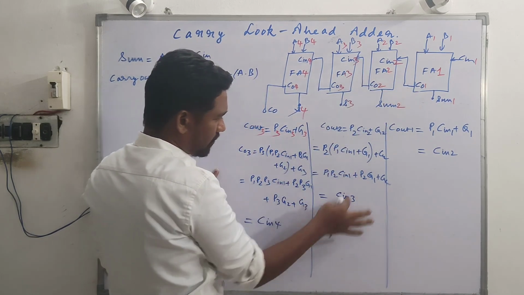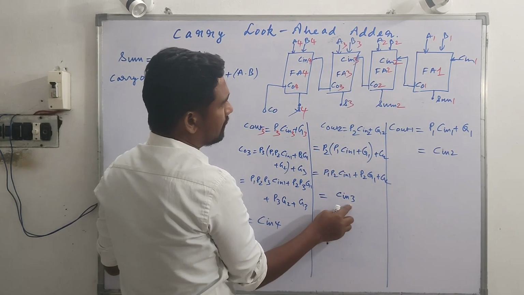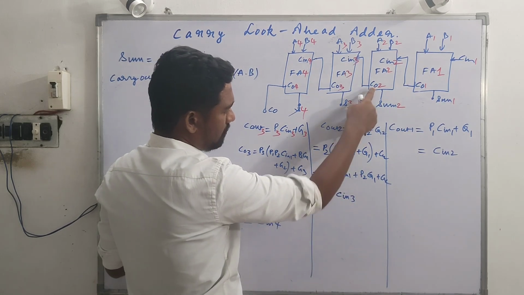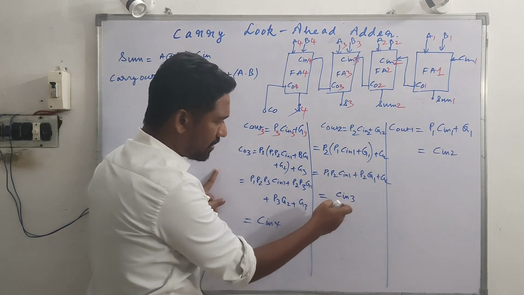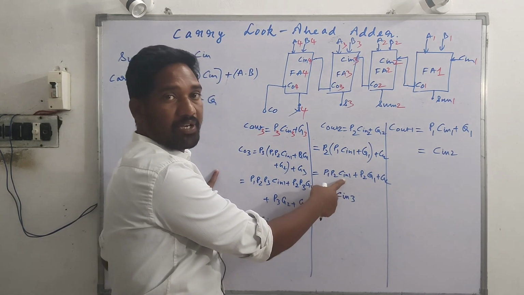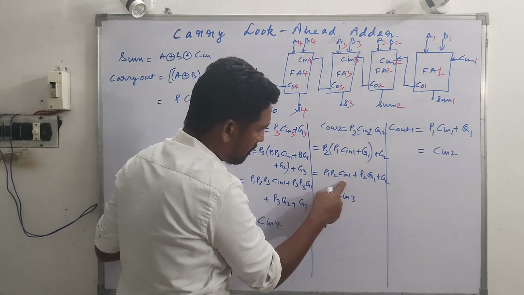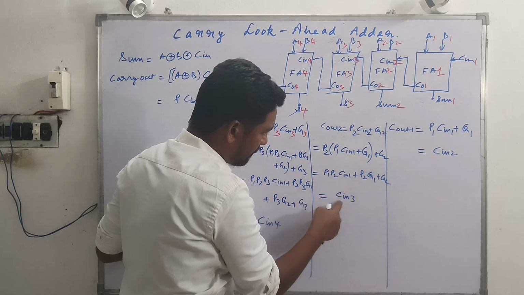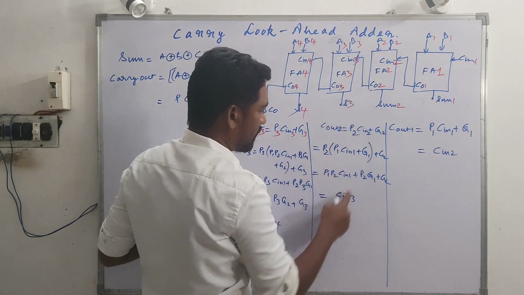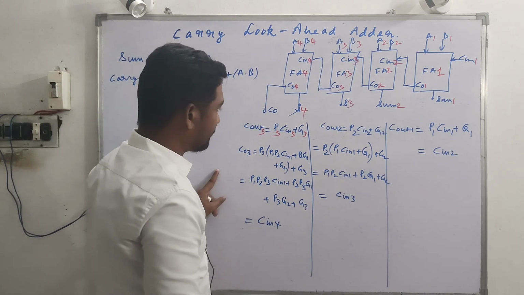But coming to the Boolean expression, C in 3 is not involved with C out 2, it's independent of C out 2. If we have a combinational circuit giving the output, then without any connection with C out 2, we can produce C in 3.